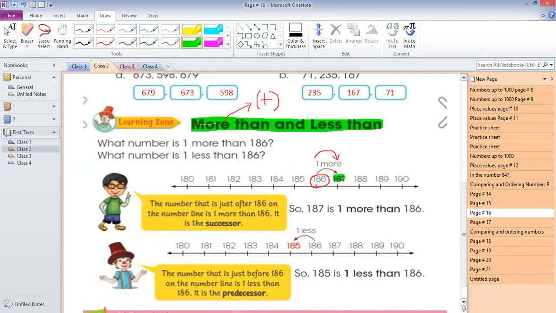That is 187, because you are finding one more.